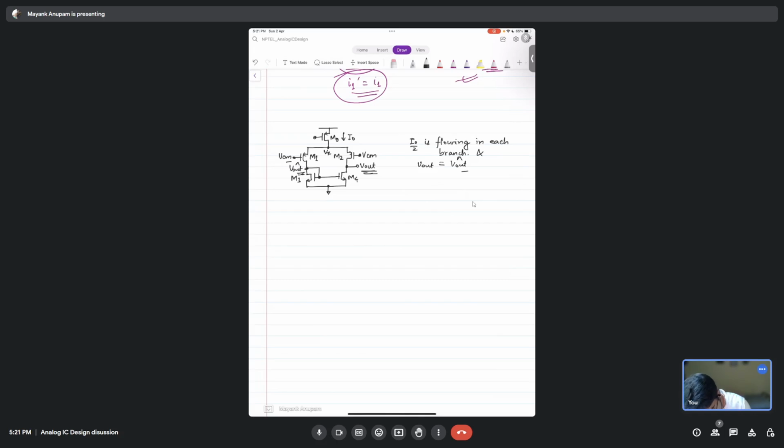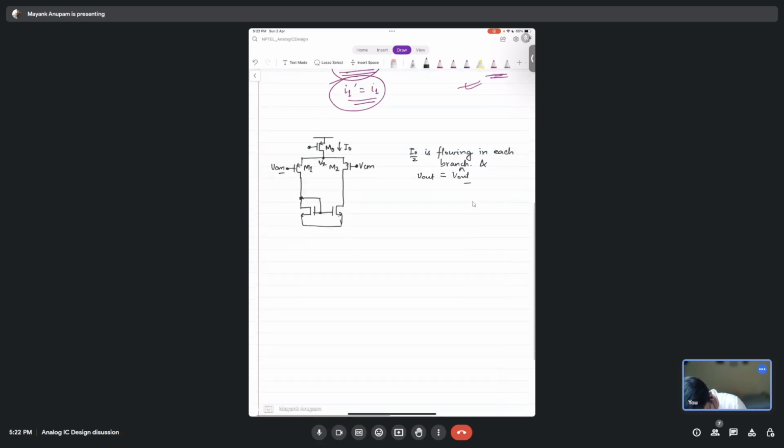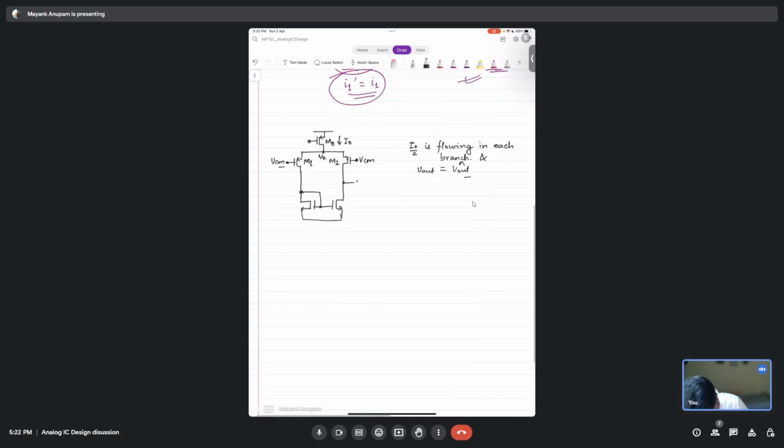Now tell me what should be the input common mode range. So how much can VCM go? How low can VCM go? What is meant by input common mode range? It basically means the highest maximum and minimum value of these quantities. This is V out.